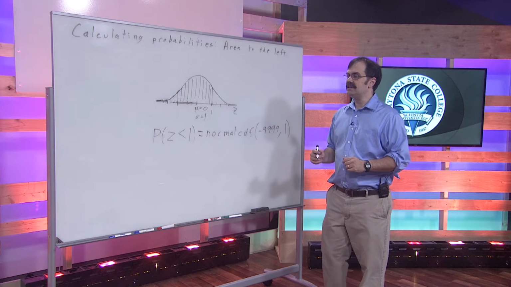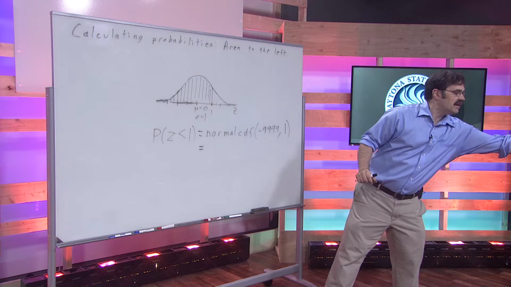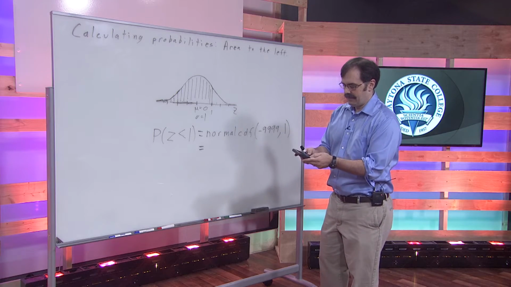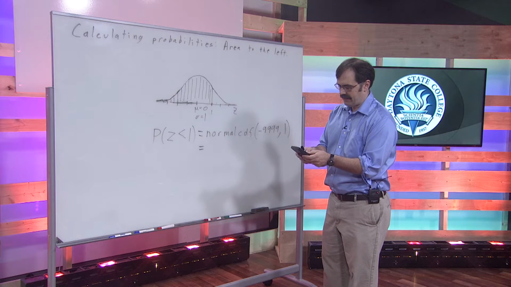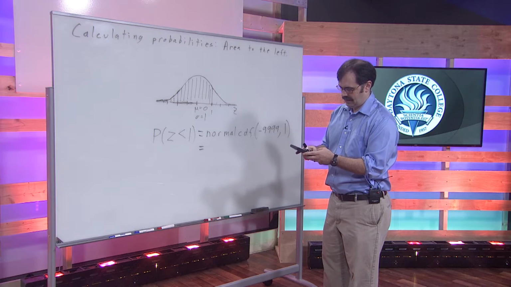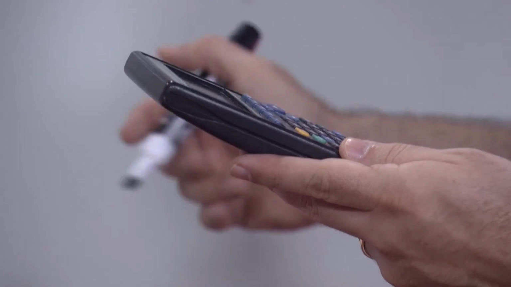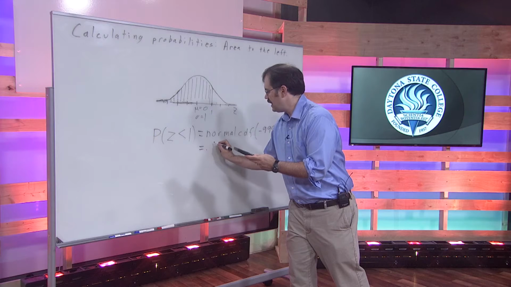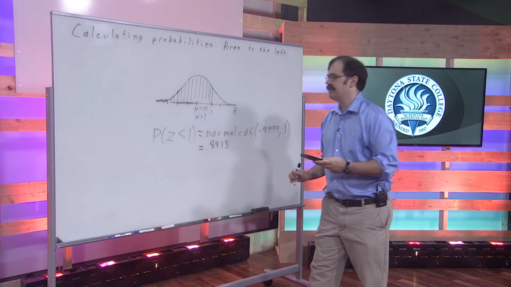And if you do this calculation, let's just grab a calculator real quick and do this. You get normal CDF, -9999, comma, 1, and it gives you a value, 0.8413.